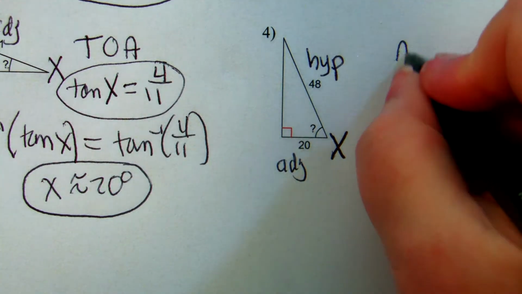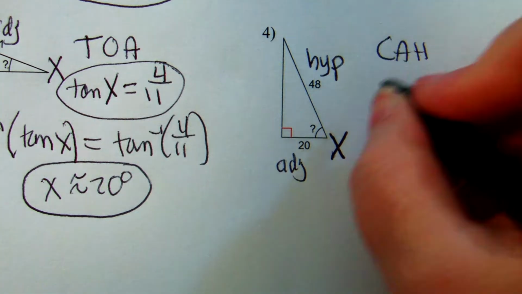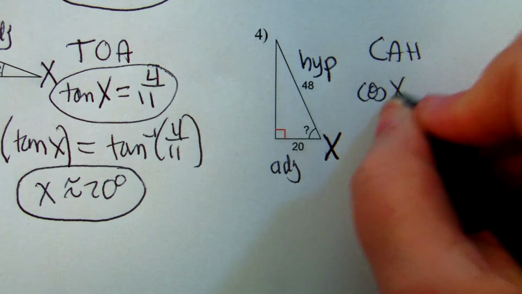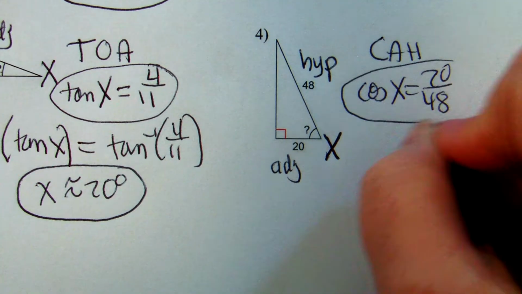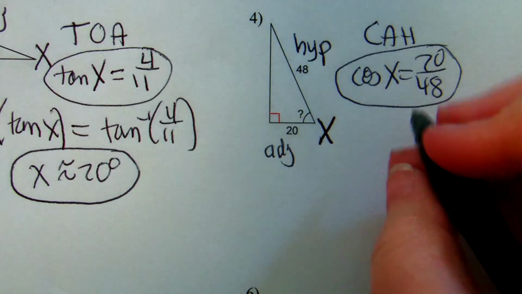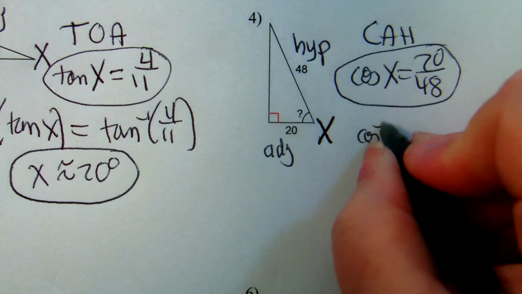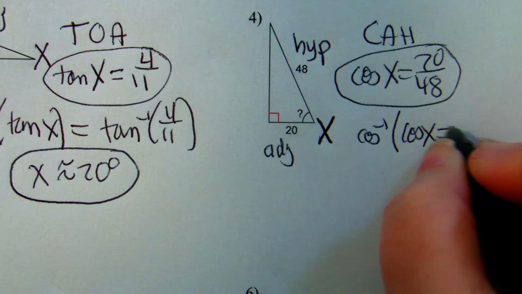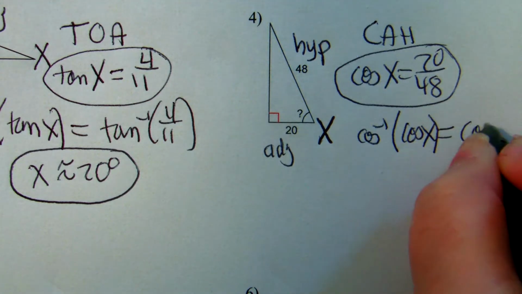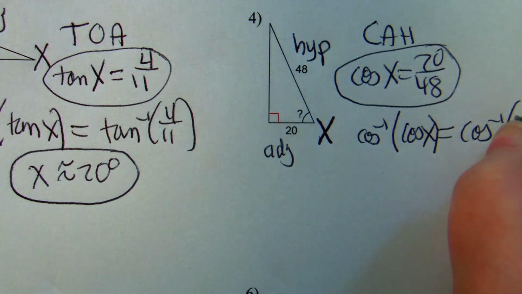Adjacent, hypotenuse. Cosine of x equals 20 over 48. Cosine inverse of cosine x equals cosine inverse of 20 over 48.